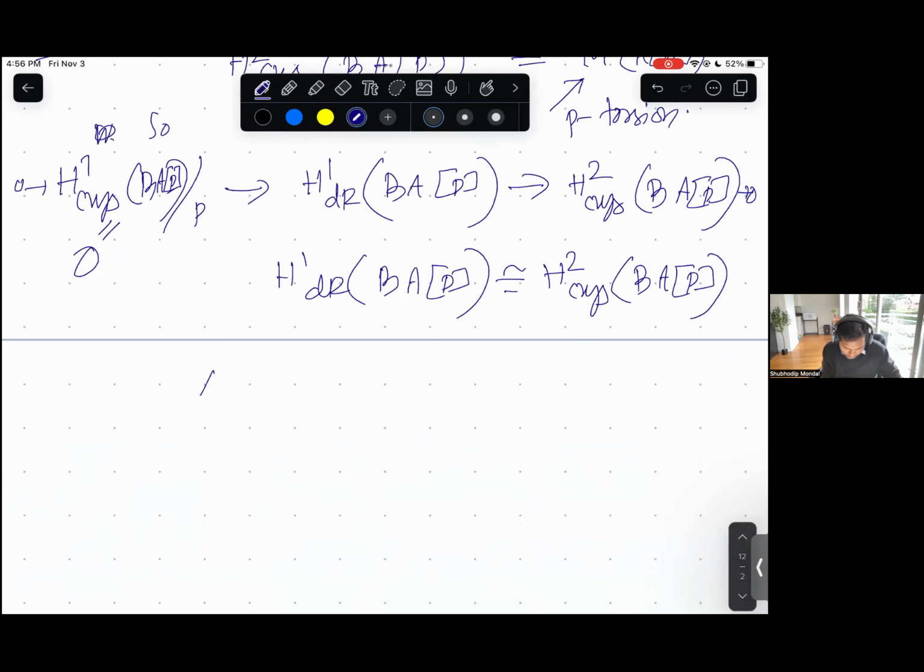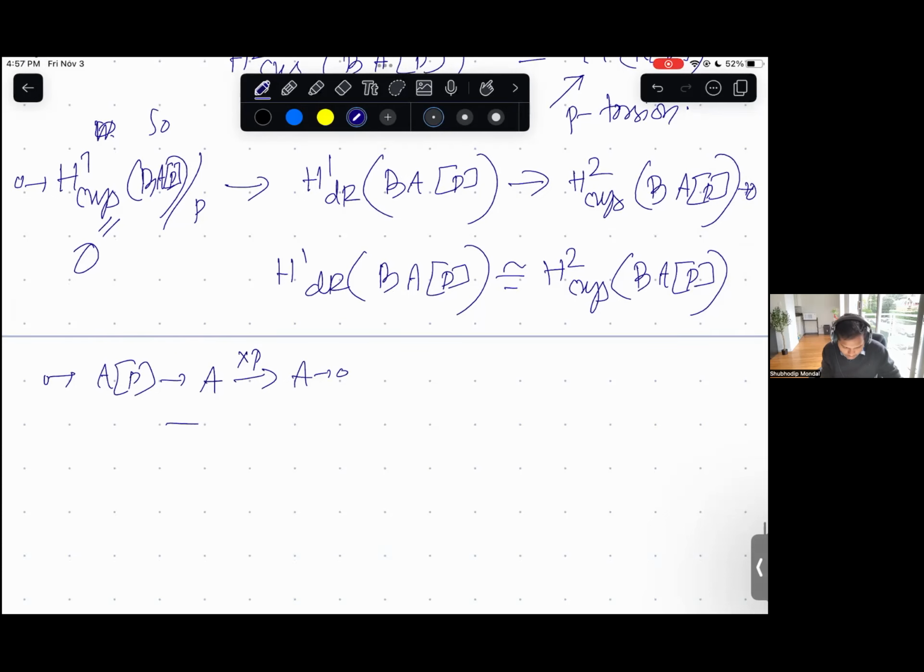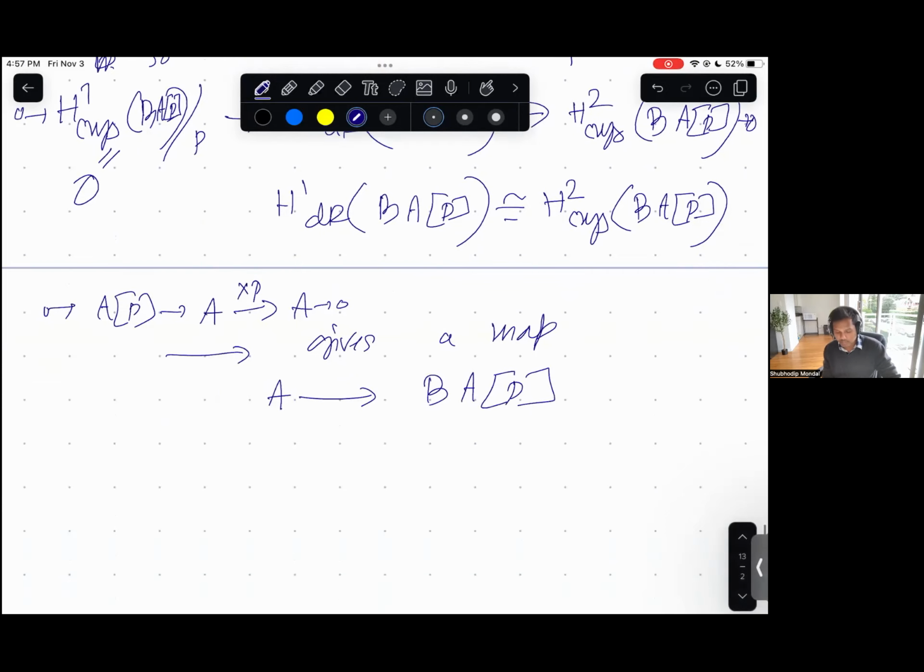And so now we have an exact sequence where this is just multiplication by p. So this gives a map A to the classifying stack of A[p].